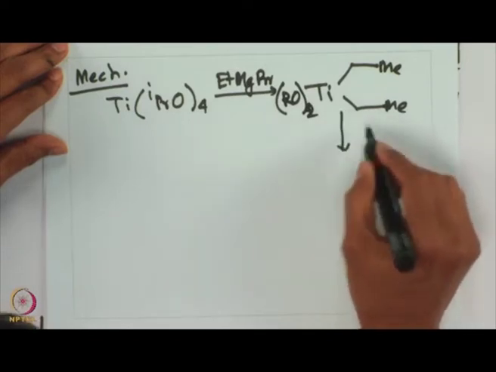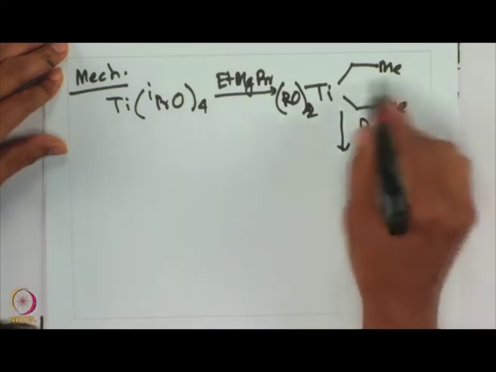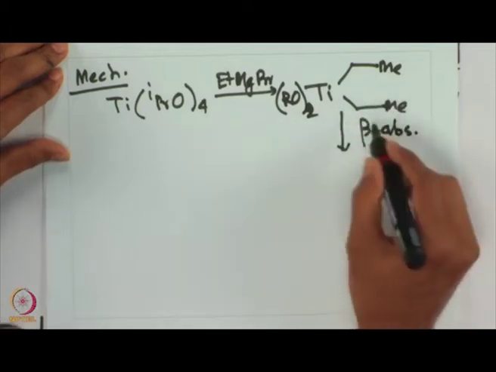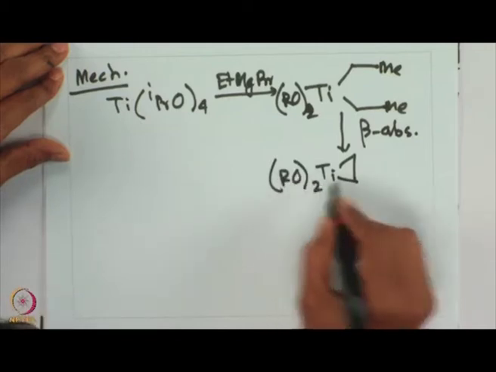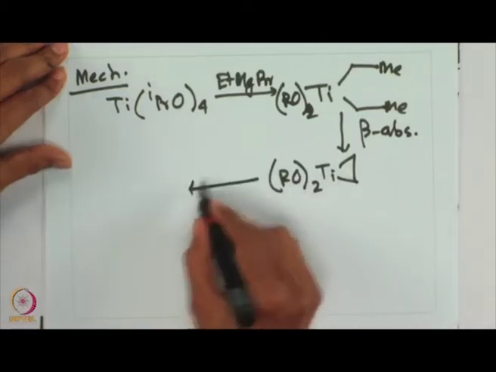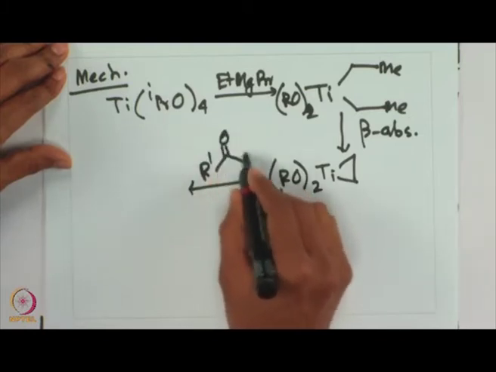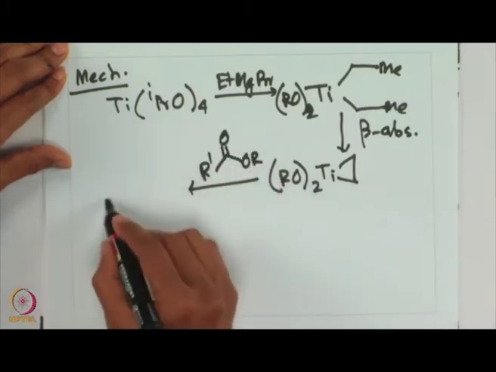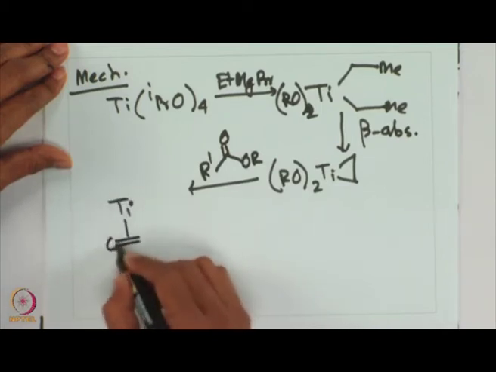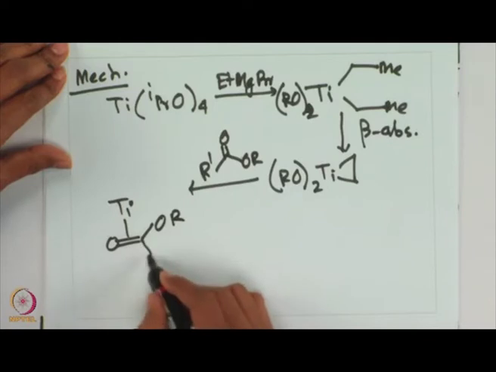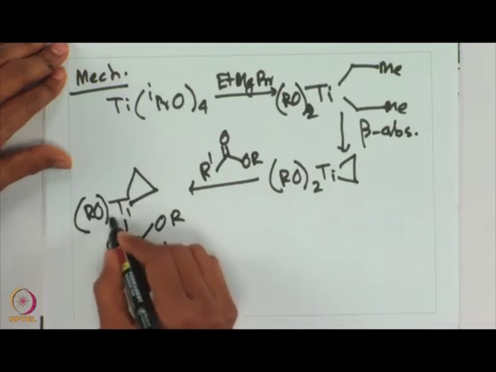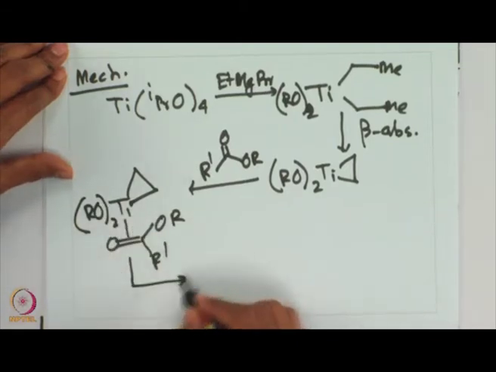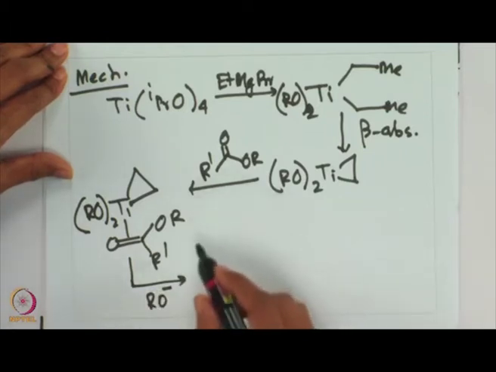From there, a beta abstraction will give ethane and the titanosin intermediate, where different RO groups can be present. Then the ester can coordinate first with the titanium intermediate with the cyclopropane ring on it, and this intermediate can then react with the RO minus, the alkoxide that we were using for the titanium.